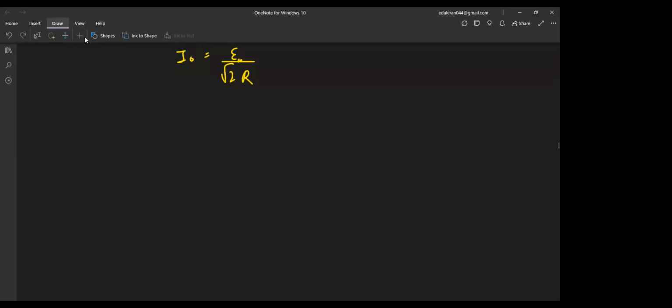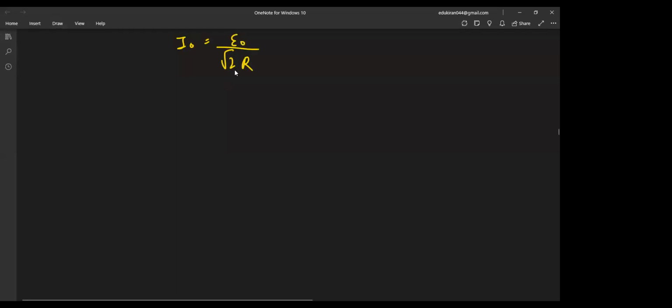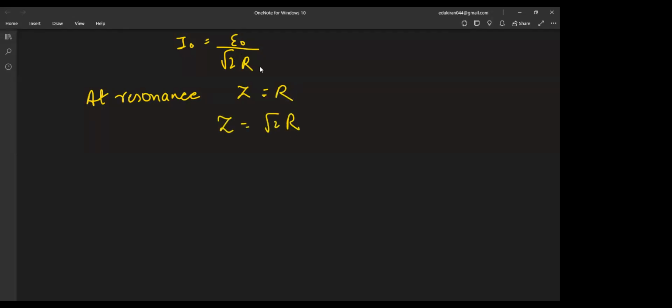Yes, that's how we write in case of resonance. Now, what is the value of Z? If this is E naught by this, at resonance we already know that Z is equal to R, right? So here, what is the value of Z that we are obtaining when we are calculating quality factor? Z is root 2 times R. We do not take Z equal to resistance. Here the impedance is root 2 times R. So we'll take this. What was the equation of Z?